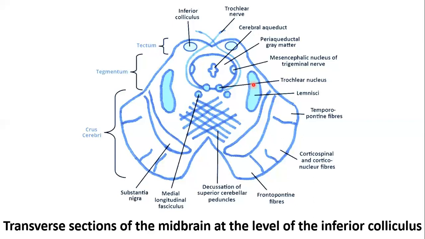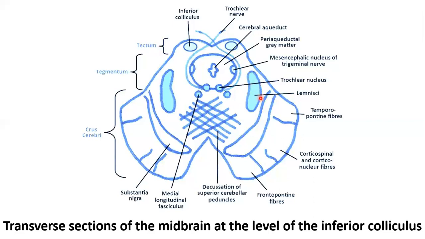M for medial lemniscus, T for trigeminal lemniscus, S for spinal lemniscus, L for lateral lemniscus. Remember, very important, the lateral lemniscus terminates and ends at the inferior colliculus.